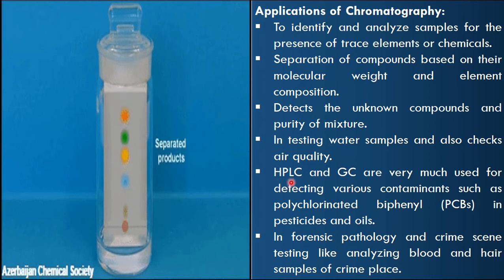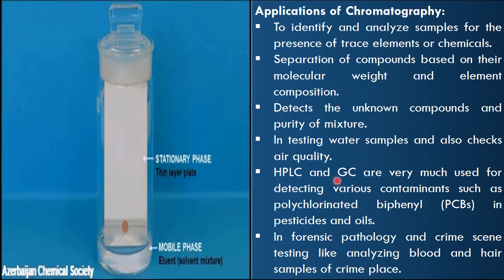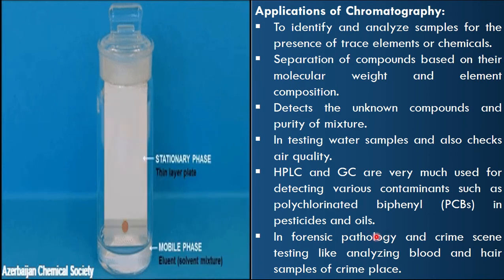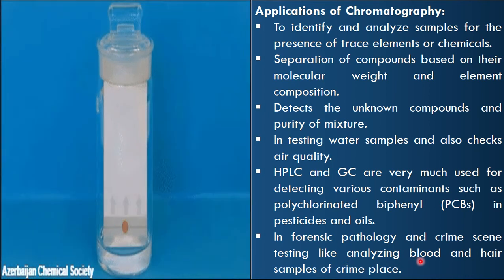High performance liquid chromatography and gas chromatography are now widely used for the detection of various contaminants, for example polychlorinated biphenyl in pesticides and in oils. In forensic pathology, chromatographic techniques are very useful to test and analyze blood and hair samples.